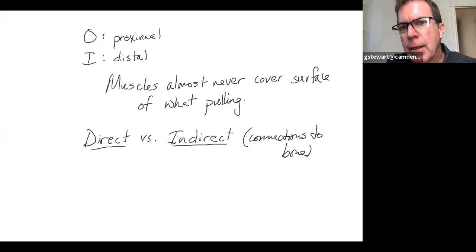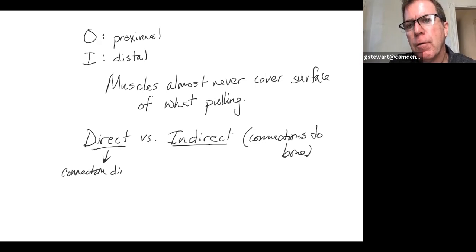Literally, a direct connection of a muscle to a bone refers to when the connective tissue from the muscle attaches directly to bone surface.